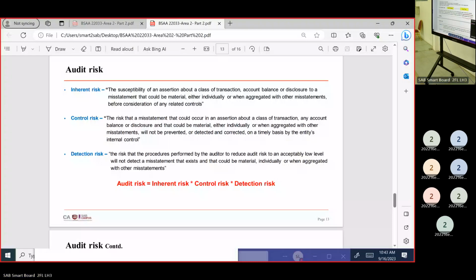So here we discussed different concepts: detection risk, inherent risk, control risk, business risk, significant risk. Take it differently, develop the relationship. Business risk can create the audit risk. That audit risk may be a significant risk.